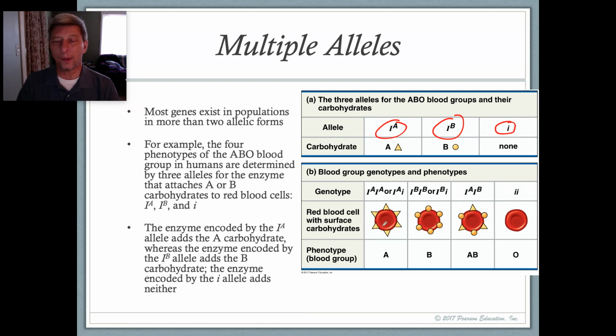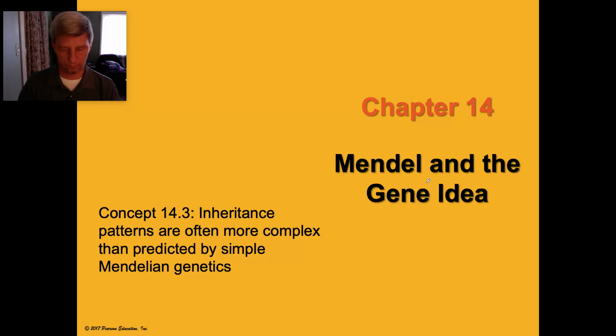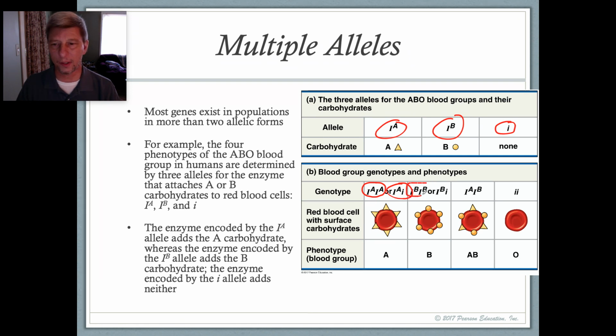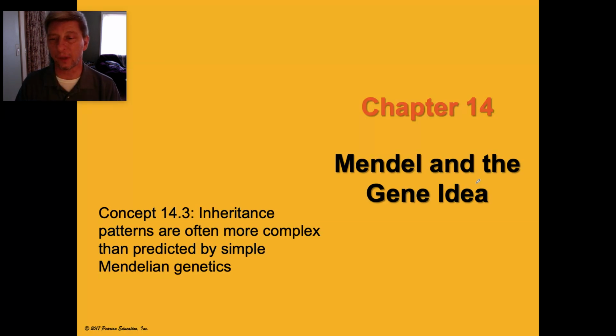So, blood type A is a phenotype that you can get in two ways, either two dominant A alleles or a dominant A and a recessive i. Blood type B is seen in people who are homozygous dominant for B or heterozygous for B and the recessive allele.